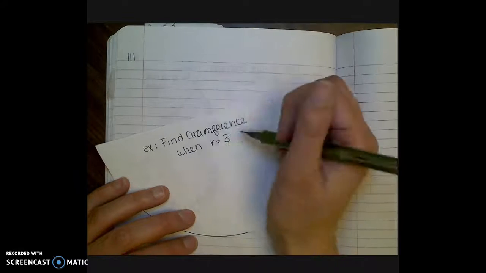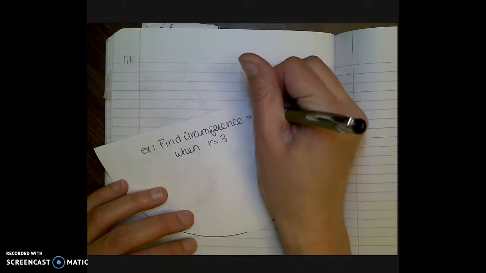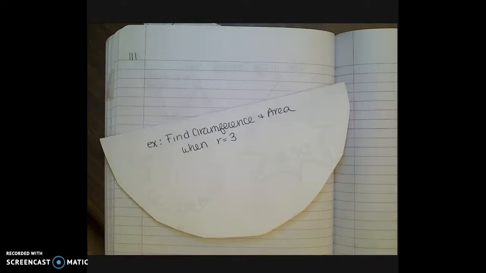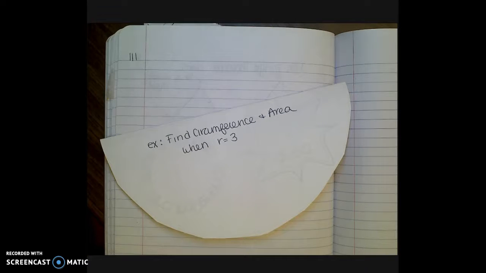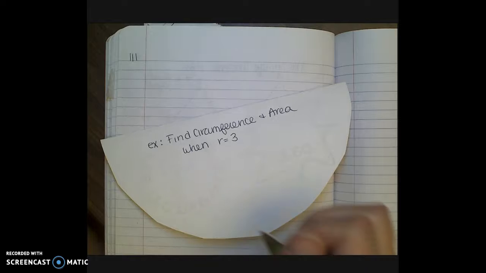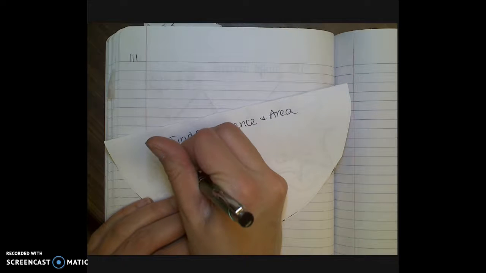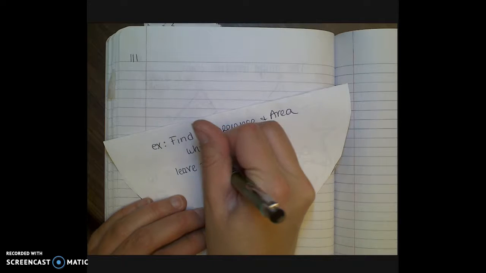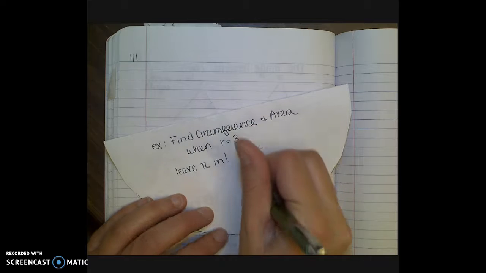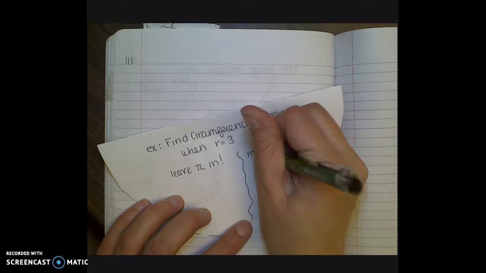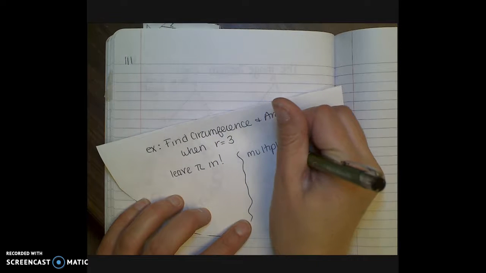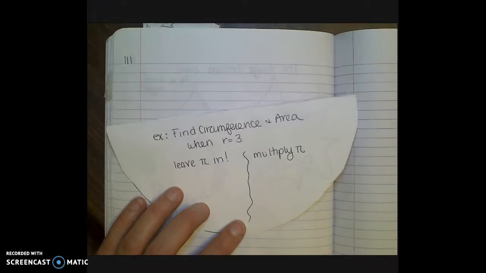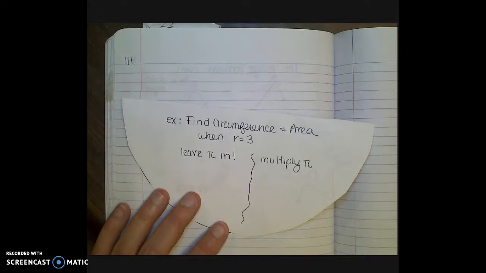And you know what, at the same time, so find circumference and area when r is 3. I really want you to practice this 2 different ways. One way is where we leave in terms of pi. The other is where we multiply by pi. It just depends on the problem which one is viable.